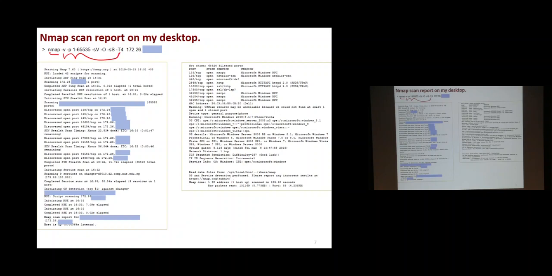And this is a particular IP address. There are some numbers here, but I masked them out. So if you do this, that means from your laptop you are trying to remotely scan the ports of this particular IP address.